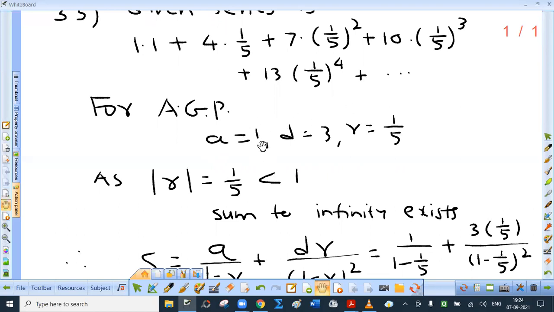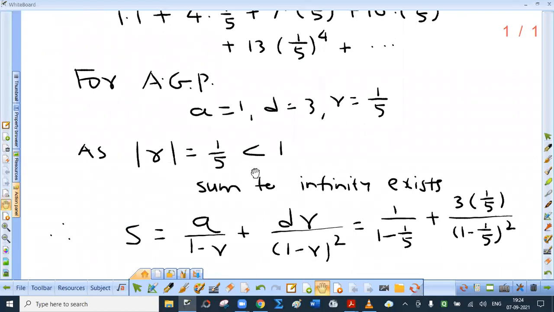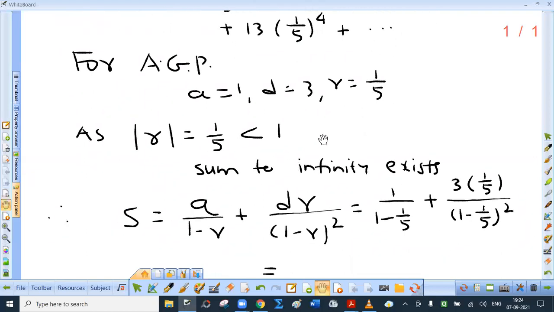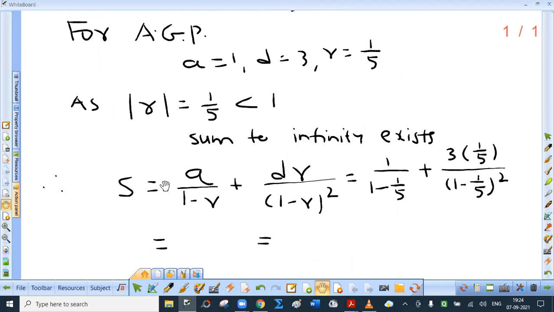With usual notation, first term of the AP is 1, common difference of the AP is 4 minus 1, that is 3, common ratio 1 by 5. As modulus of common ratio is less than 1, sum to infinity exists. What is S? A upon 1 minus R plus dr upon square of 1 minus R. Substitute the values.